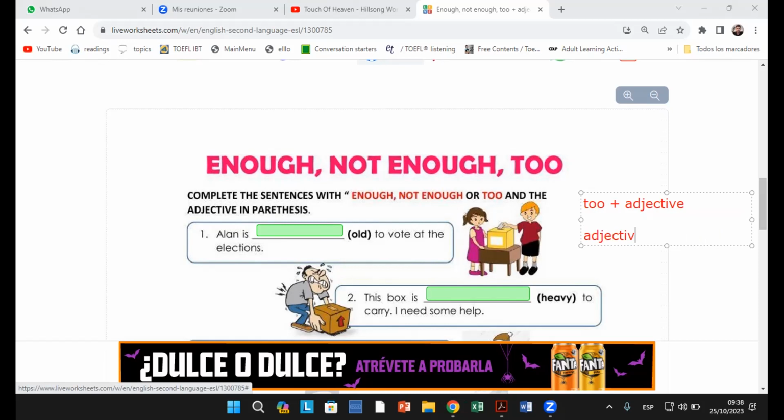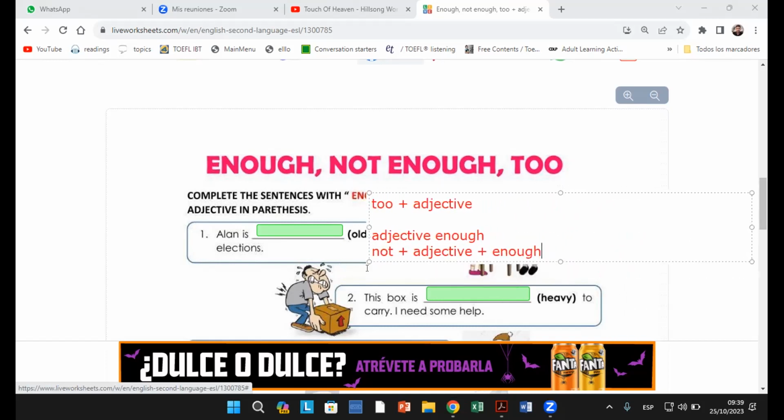Yes, it's an adjective plus enough. Okay, are you listening? And then the other one is like this. Not plus adjective. Is everybody looking? Okay, remember that too indicates a problem.